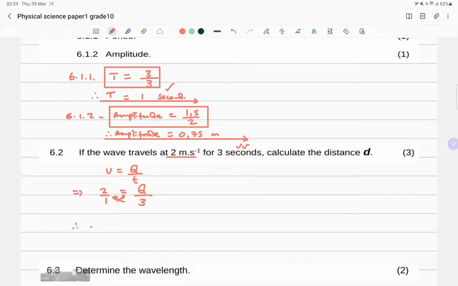You know that d is going to be 2 into 3, which is just 6 meters. Okay, so distance is a scalar quantity. We're not going to worry about much. So from formula to substitution, basically, and the answer.